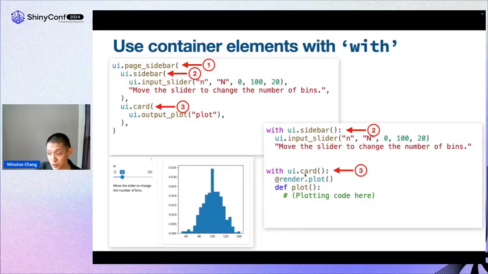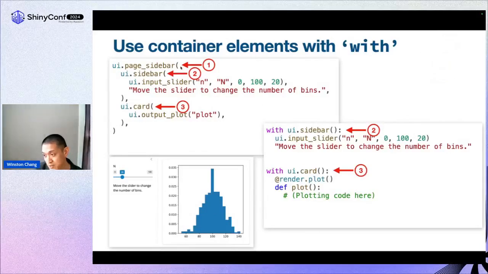And similarly for UI card, we say with UI card, and then in this case we can put just the render plot here. We don't use output plot. And you might be wondering where number 1 went. Well, you can see it went away. I love the animation.